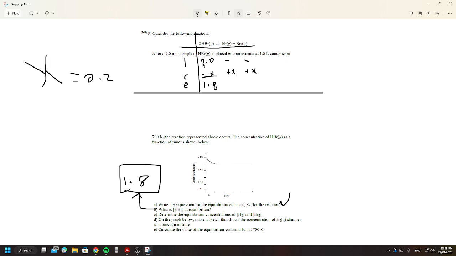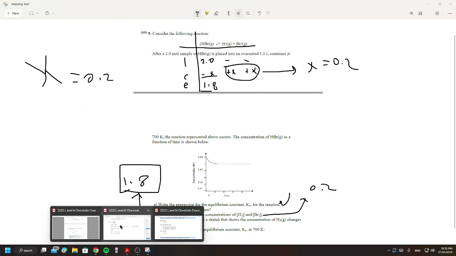Because initially the concentration of HBr was 2, and then at equilibrium it was 1.8. Therefore, x is just going to be equal to 0.2. So the concentration of H2 and Br2 is just 0.2, right?